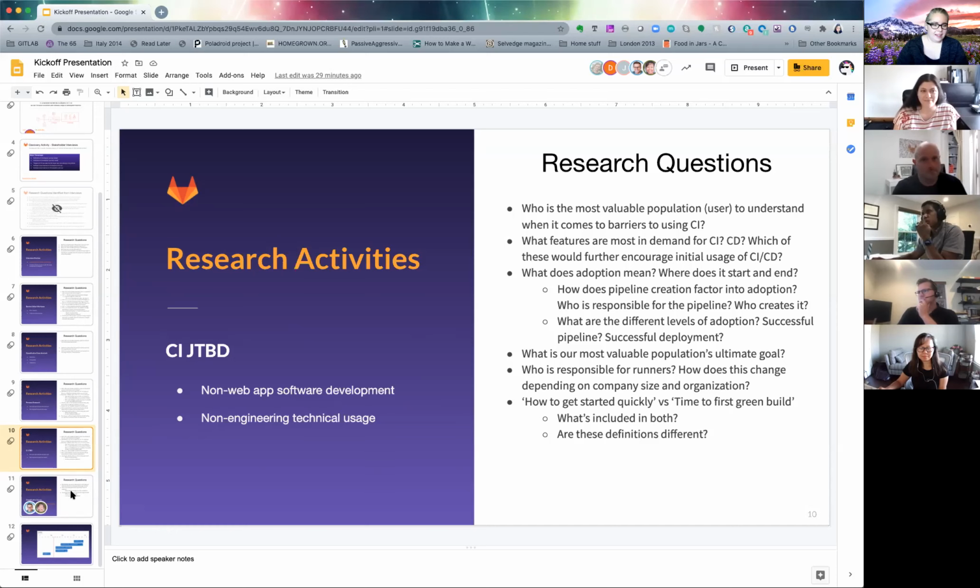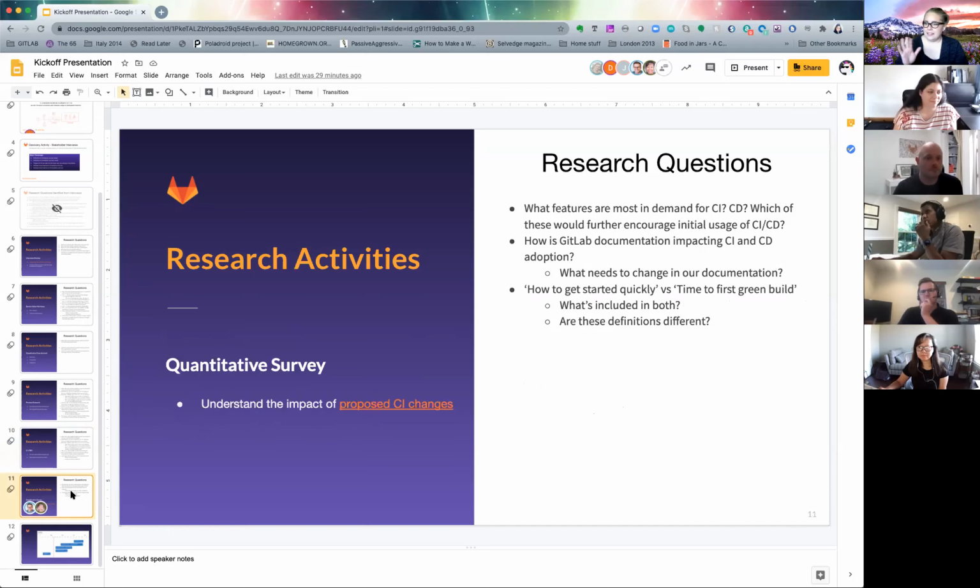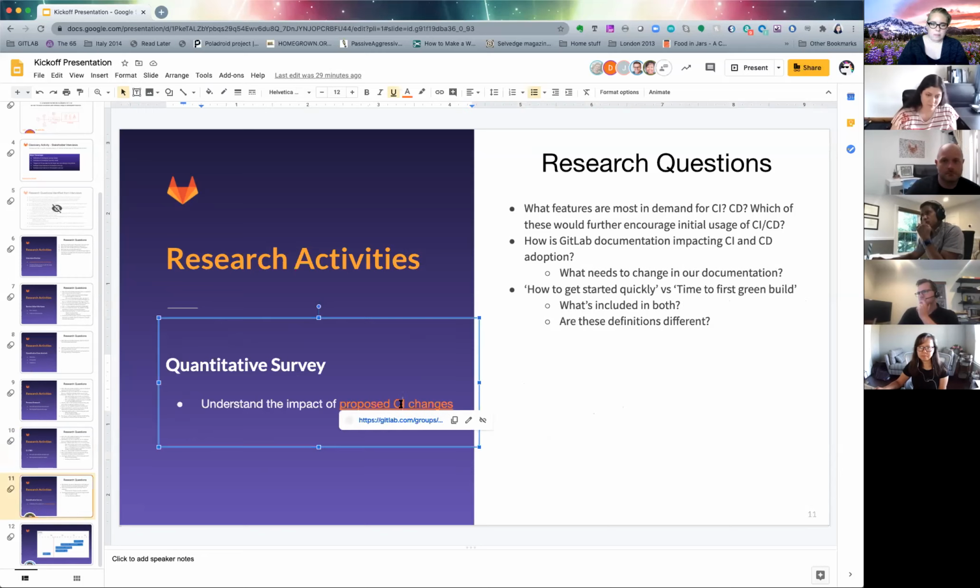The last research activity that we have outlined for this effort is a quantitative survey. This is solely to understand the impact of the proposed CI changes, that is in the meta epic that Jason put together, to understand if we were to do these things, how would they impact people's perception or usage of CI?